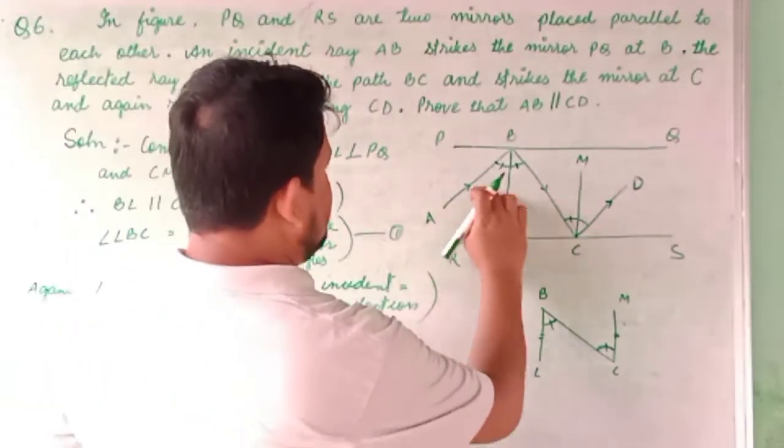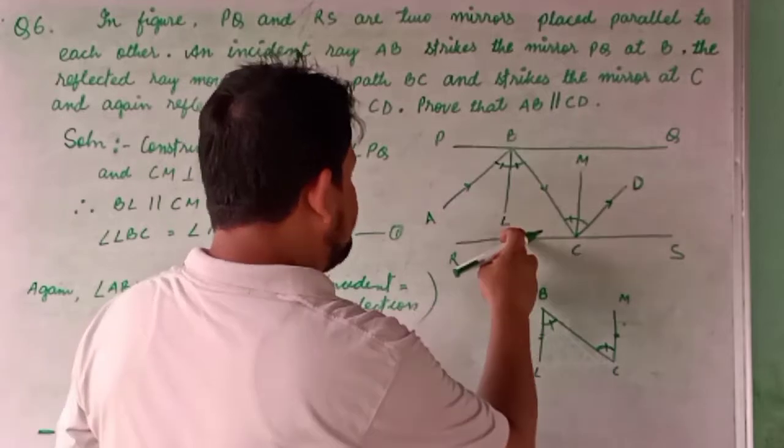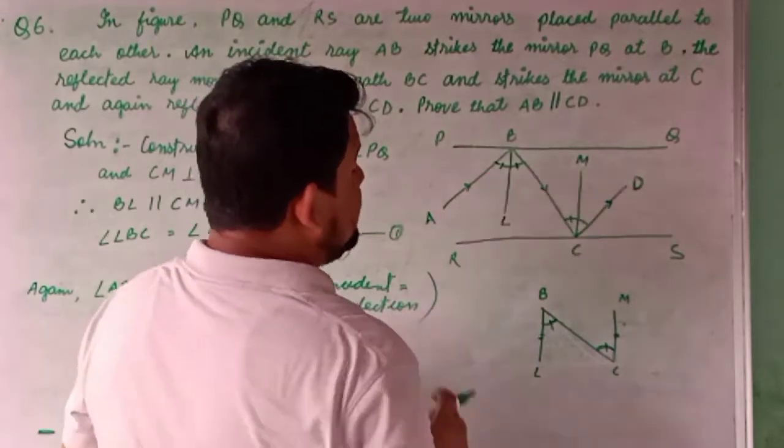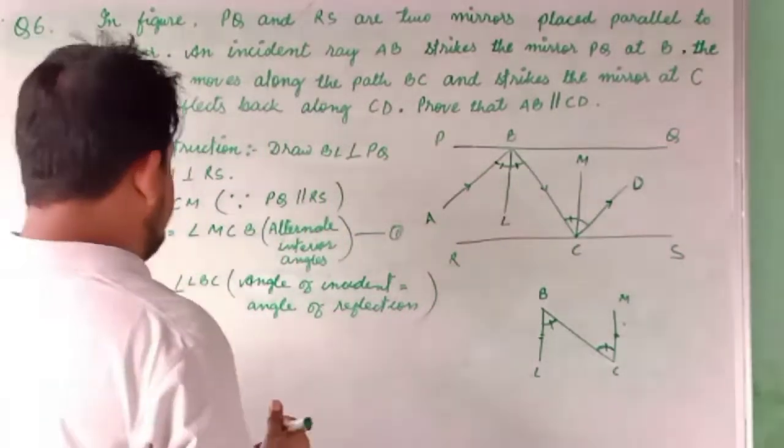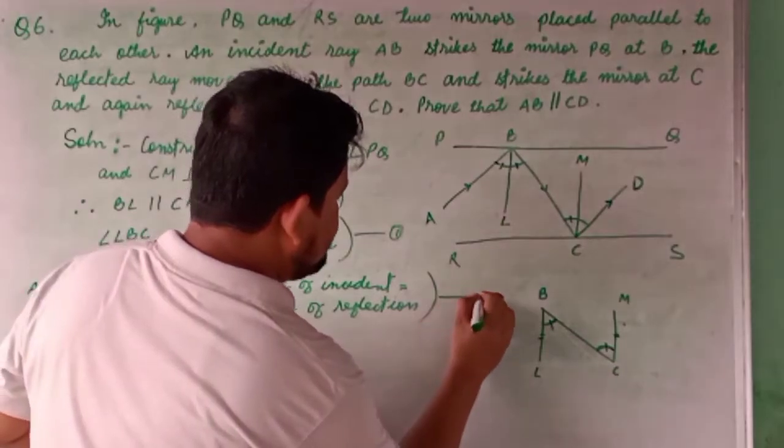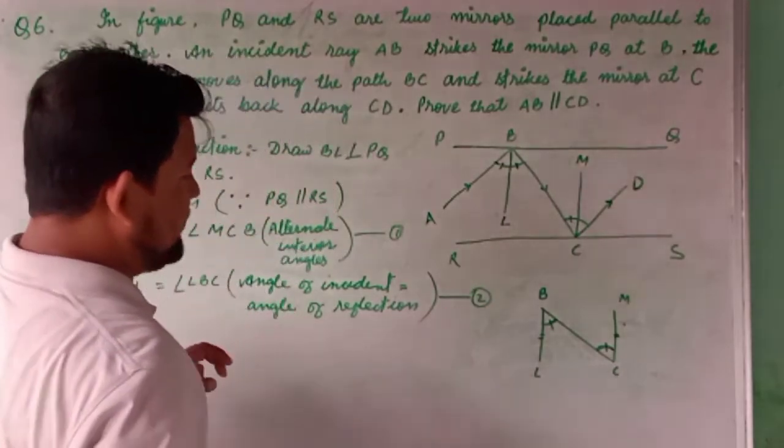That is, angle of incident, the coming ray, and the going out ray. This is the perpendicular, so these two angles will be equal. Okay, this property is telling us this. So let us give this one as equation number 2 here.